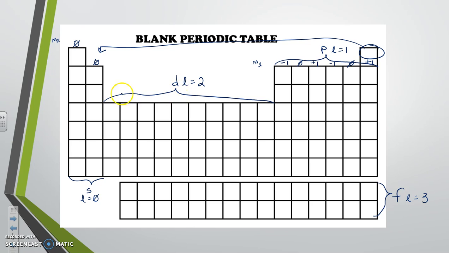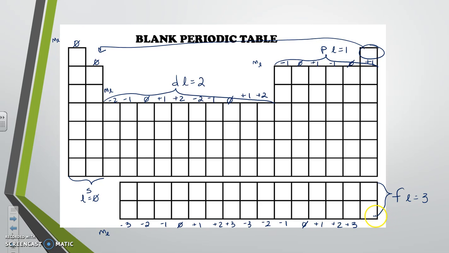For your M sub L's on your D sublevel or your D orbital, it should be -2, -1, 0, +1, +2, -2, -1, 0, +1, +2. And then for your M sub L's on your F sublevel, -3, -2, -1, 0, +1, +2, +3, and again -3, -2, -1, 0, +1, +2, +3.